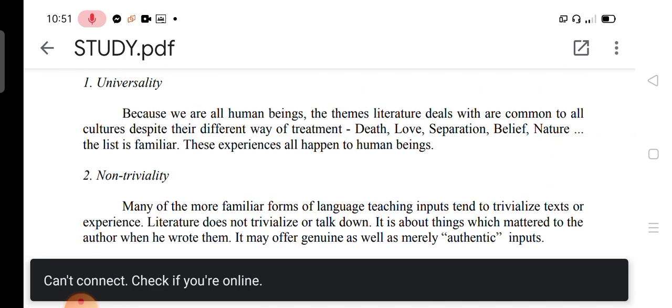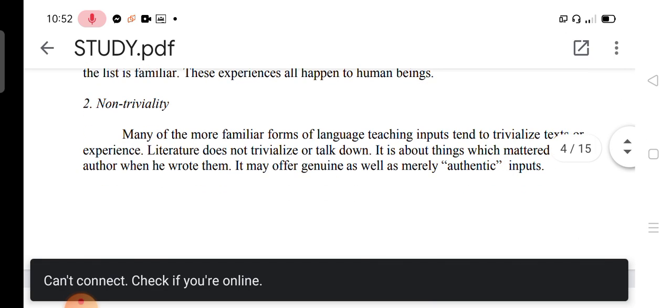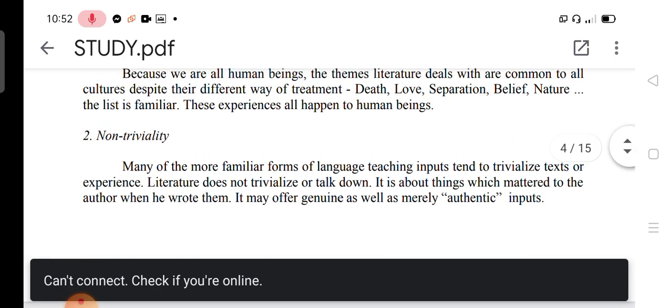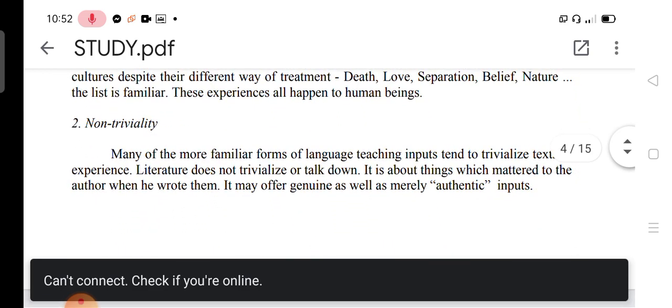Okay, so there's universality. Everybody experiences death, love, separation, belief, and we all experience nature. It's either the having something or the lack of it. So these experiences all happen to human beings. That's why it's universal.